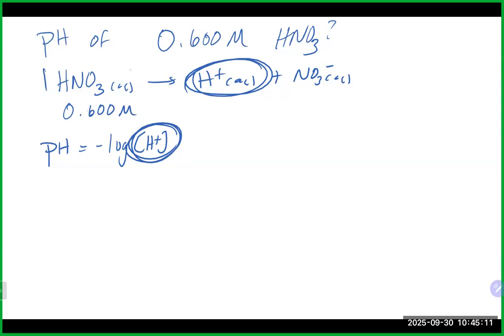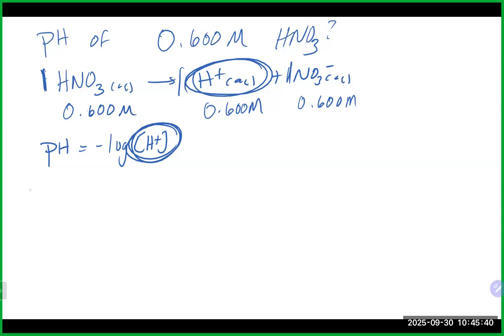It is a 1-to-1 relationship between those two, which means the concentration of the H plus is also 0.6 molar. It is also a 1-to-1 relationship between that and the nitrate, which means its concentration is also 0.6 molar, not that you need it in this particular case. If it broke apart into not a 1-to-1 relationship, you need to multiply by the coefficient. So if it was a 1-to-2, you would have to multiply by 2 and so forth.